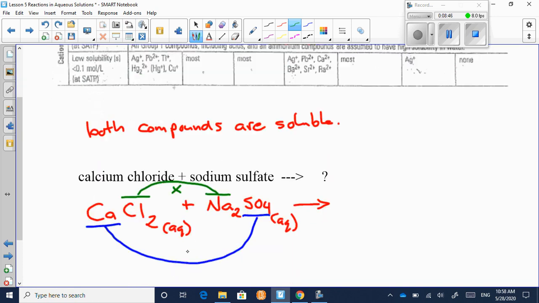Okay, now if I put an X here, if that wouldn't also form a solid, then my final answer here would be no reaction. But let's double check that first. Okay, so here we go. All right. So let's check calcium and sulfate.